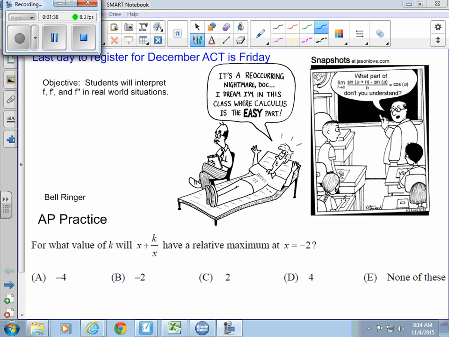Plug it into the derivative. Why? Set it equal to 0. Why would we set it equal to 0 in the derivative? Because it's a critical value.